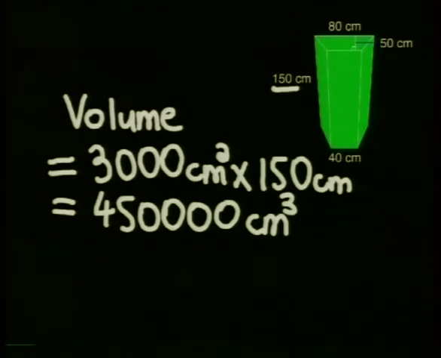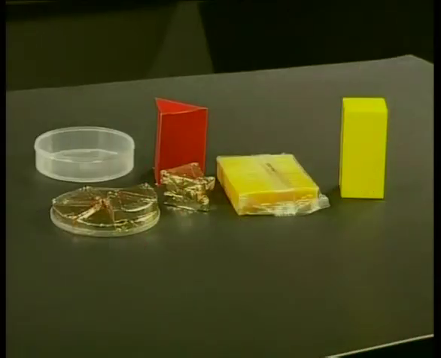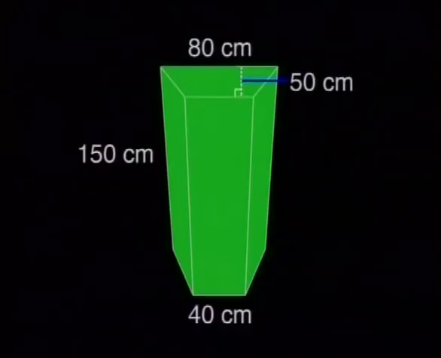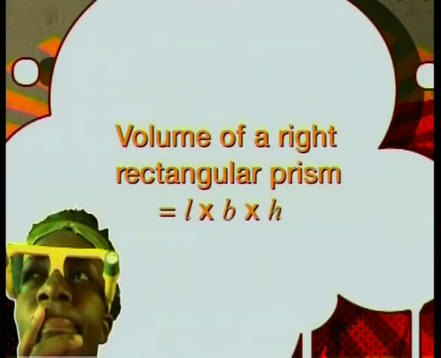It's time to recap what we've done today. In this lesson, we have seen how easy it is to find the volume of a right prism if you know the area formula for the base shape, the dimensions of the base, and the height of the prism. We have worked out the following formulae already.